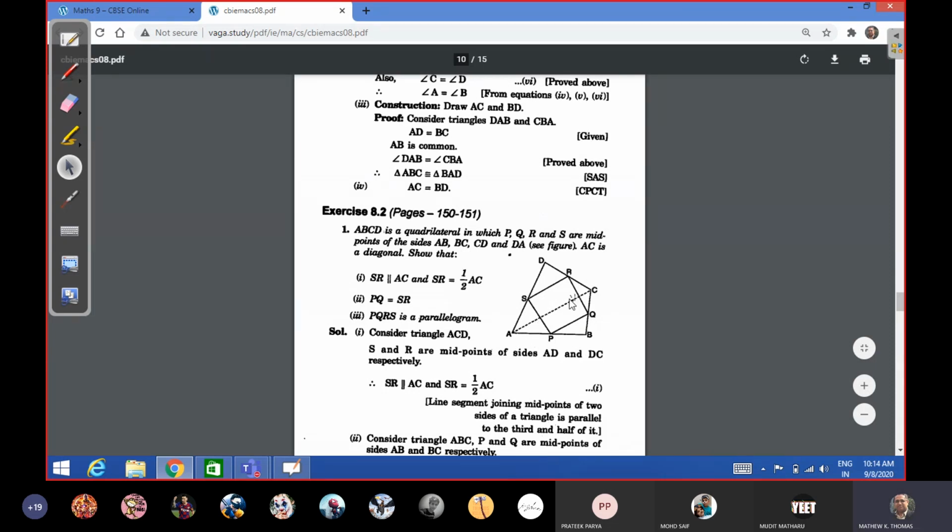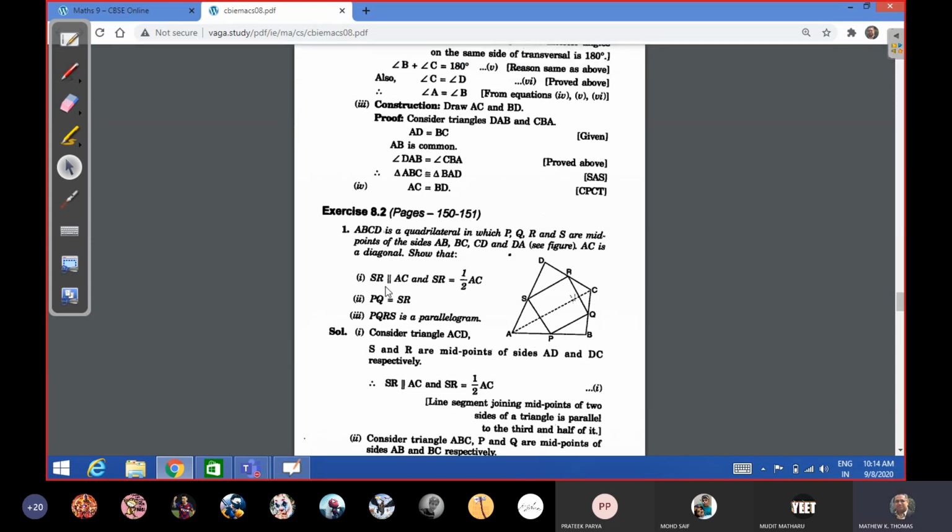Join the diagonal AC, that's your construction. To prove there are three parts. SR is parallel to AC, SR is half of AC. PQ is to be proved equal to SR and prove that PQRS is a parallelogram.